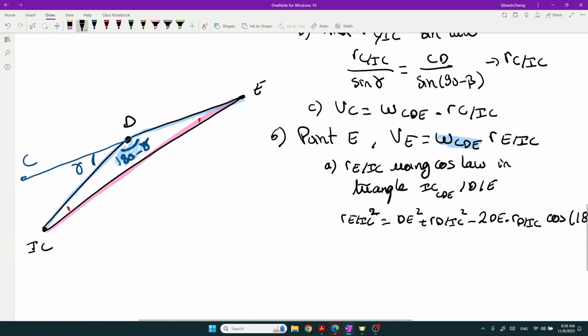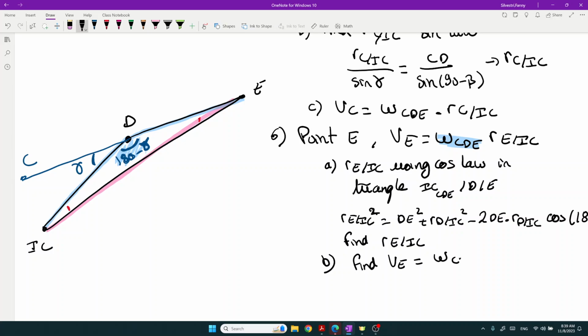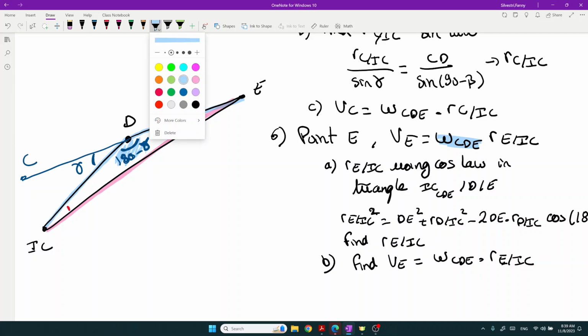It takes a long time. So now we find REIC. We can do our very last step and find VE, which is equal to omega CDE times REIC. Now we know omega CDE and REIC, so we can find VE. That's our last step. This method doesn't give us a direction, it gives us just a magnitude.